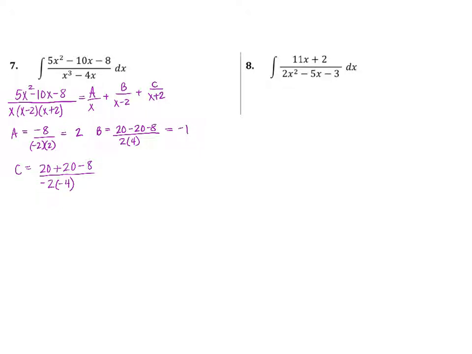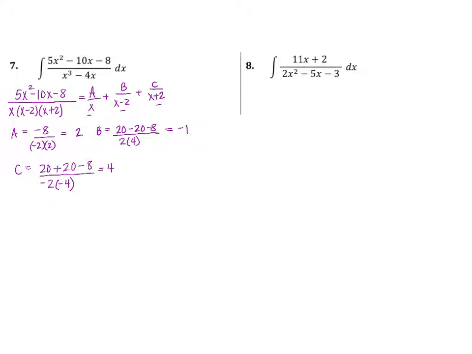And so let's see, that's going to give us 32 over 8. So that's going to give us a positive 4. And so now we're ready to go through. And again, we can go ahead and write our answers because we are integrating there.